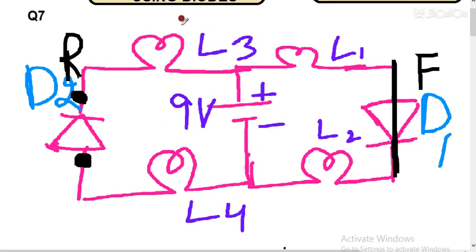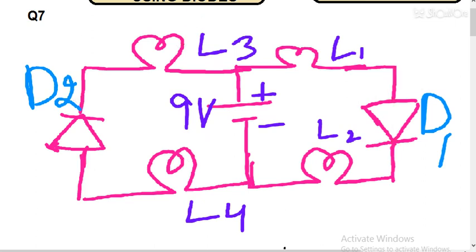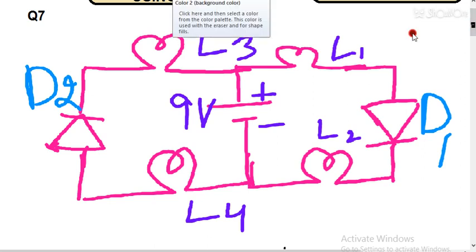So four lights are there, L1, L2, L3 and L4. We have to see which one will glow and which one will not glow. So we have to move to its modified diagram. Question number 7 we are doing, so you can note down the question.